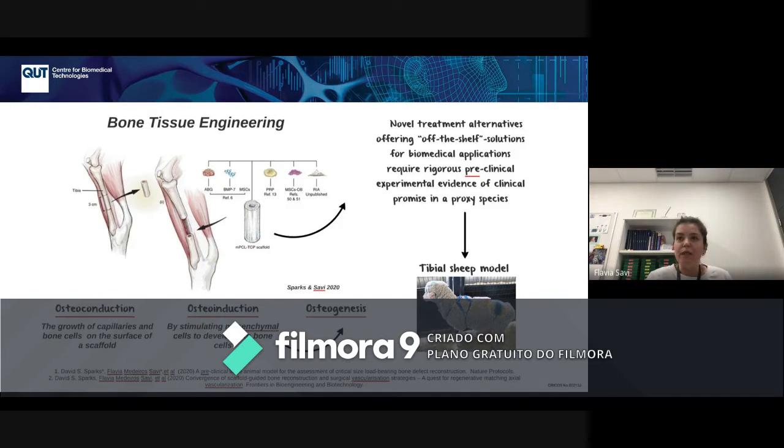When you do preclinical studies in small animals, they are not really translatable to clinical settings. For example, if you use rats or mice, they have a different physiology than humans. And sheep have the most similar physiological functions to humans, hence why we use the sheep model.